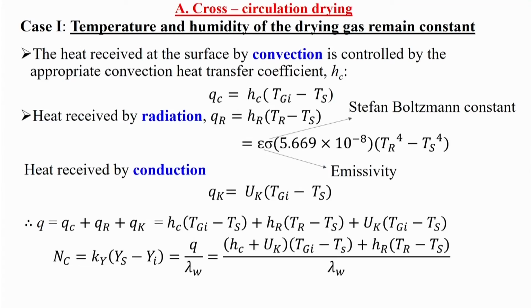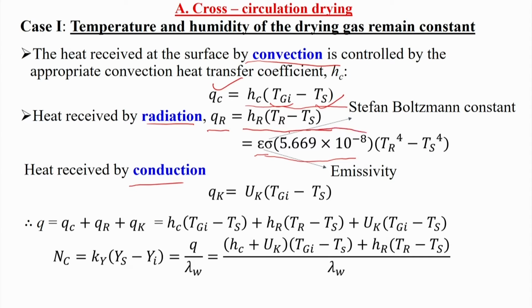For convection, radiation and conduction, we have three very well known equations. Q_C will be h_C into (T_GI minus T_S), where T_GI is the temperature of the inlet gas and T_S is the temperature of the wet solid. For radiation, Q_R is equal to h_R into (T_R minus T_S), which is nothing but epsilon sigma into (T_R to the power 4 minus T_S to the power 4).